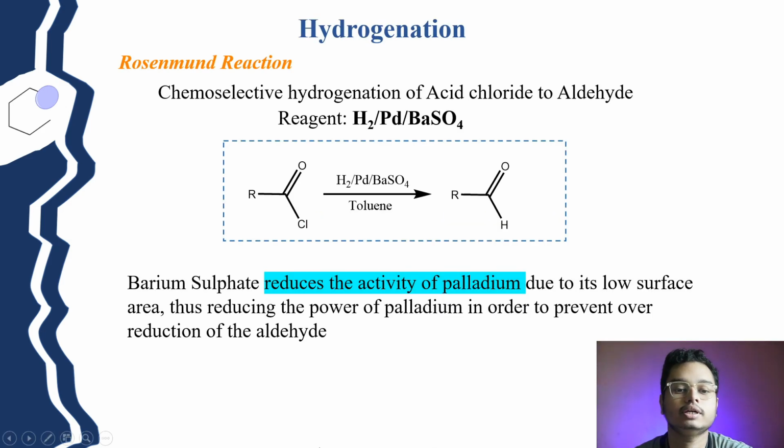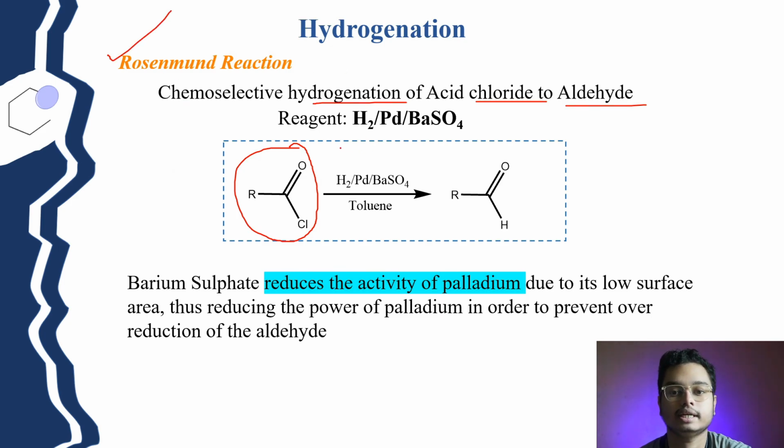The Rosenmund reaction is nothing but a chemoselective hydrogenation of an acid chloride to an aldehyde. In our lecture 11, we discussed that ease of hydrogenation by using catalytic hydrogen is easier in acid chloride to aldehyde reduction, and this reduction can be done by using the Rosenmund reduction.